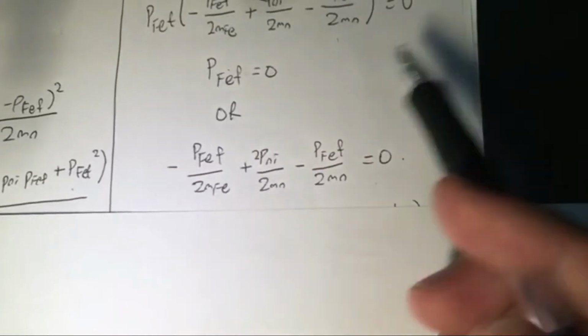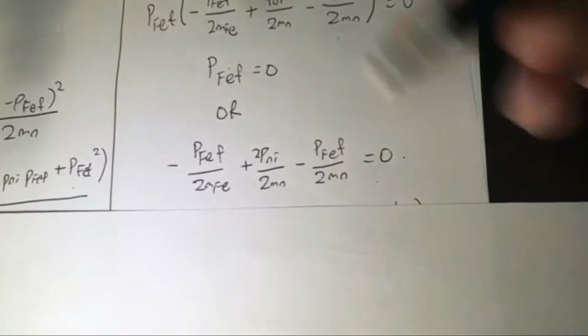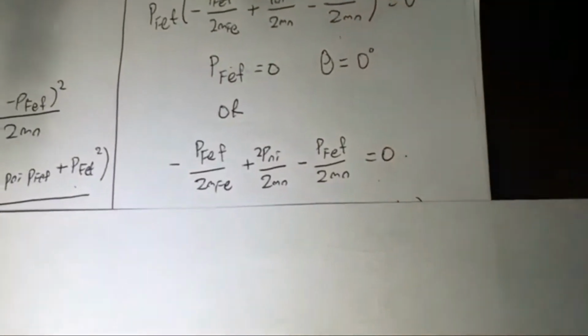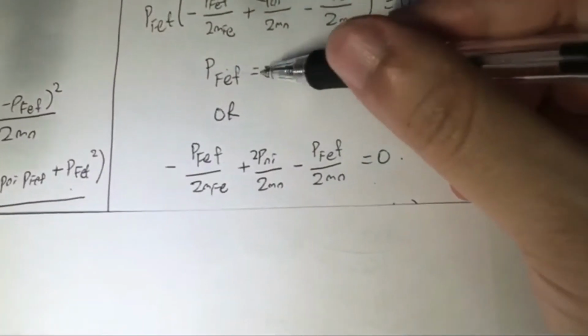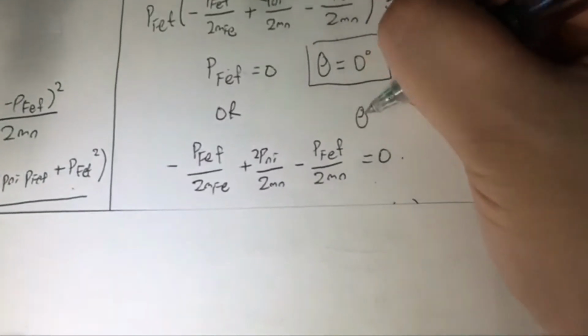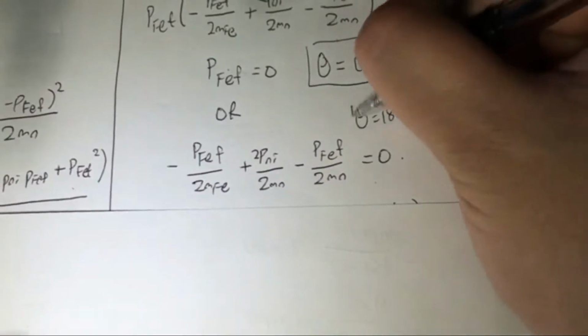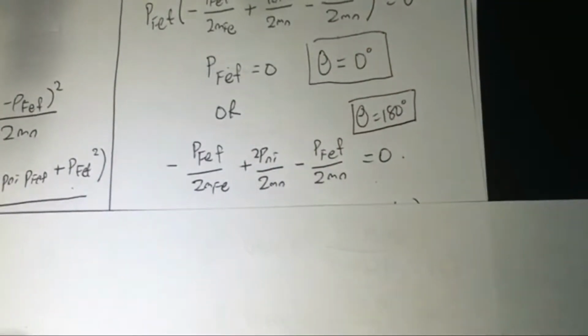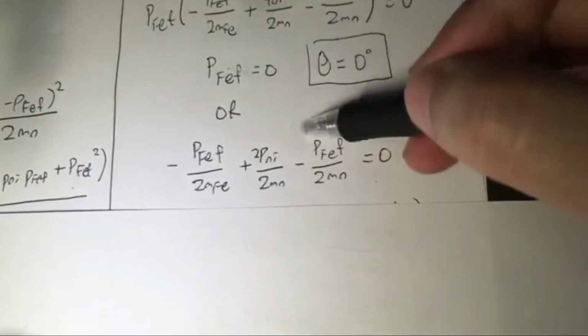If the neutron is not deflected, this one refers to the angle of deflection being 0 degrees. So the only other case where this head-on collision is possible is that theta equals 180 degrees, because we are assuming that there's no momentum in the y direction.